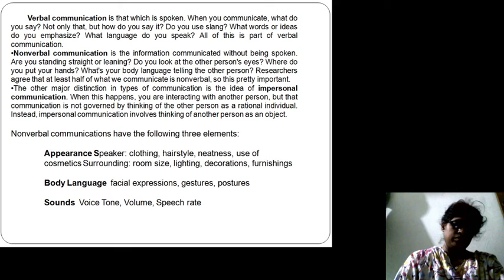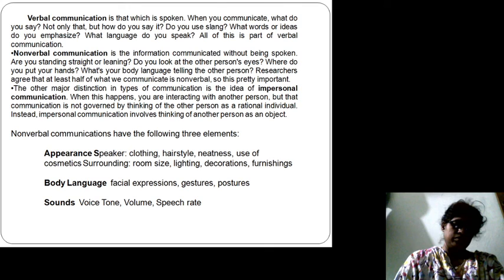You are interacting with another employee, with your fellow employees, with your friends, and your relations are good with your office mates, but that communication is not governed by thinking of the other person as a rational individual. Instead, impersonal communication involves thinking of another person as an object. So that is the difference between impersonal and interpersonal communication.